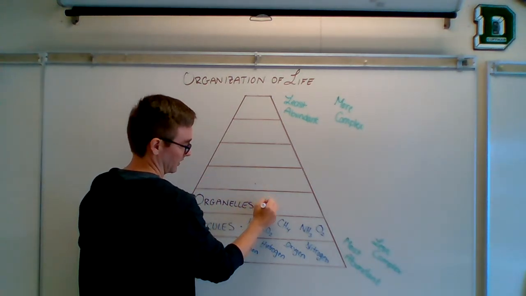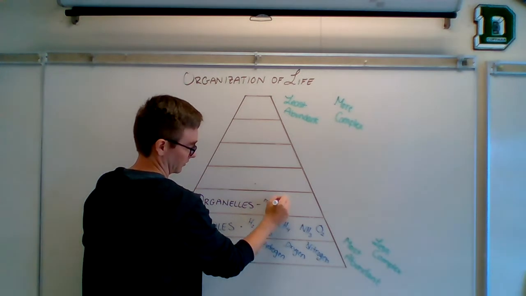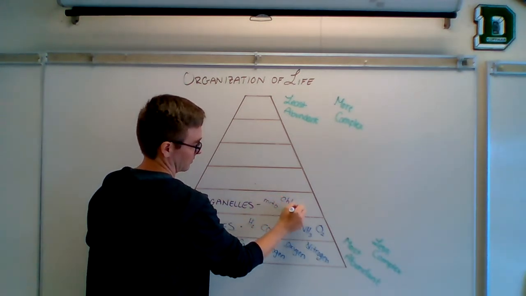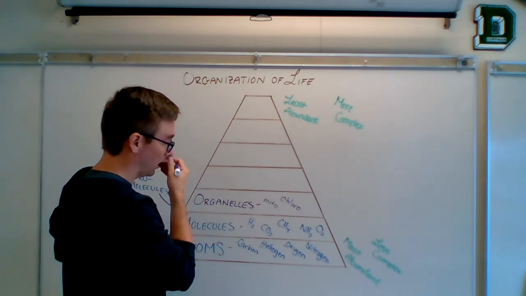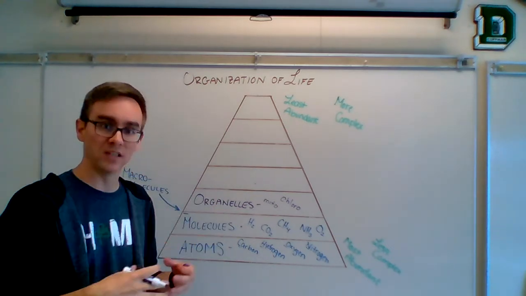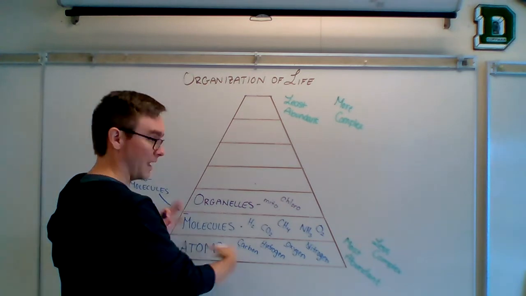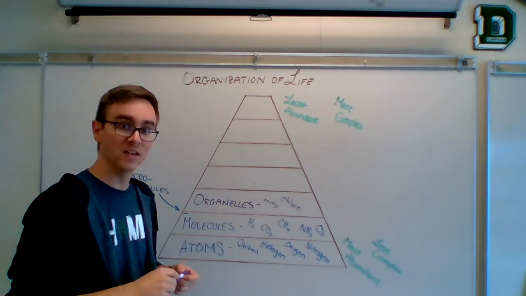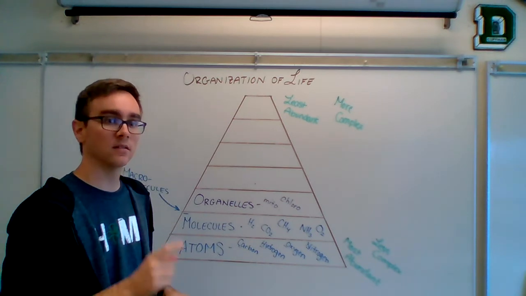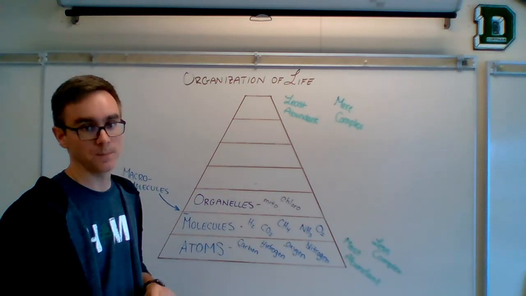Examples would be the mitochondria or the chloroplast. We're going to spend a lot of time talking about some organelles in the next couple weeks, but just to give you an idea, we're building up bigger and bigger. We're now using macromolecules working together. Our structure is getting more and more complex, but we are still not dealing with living things yet.